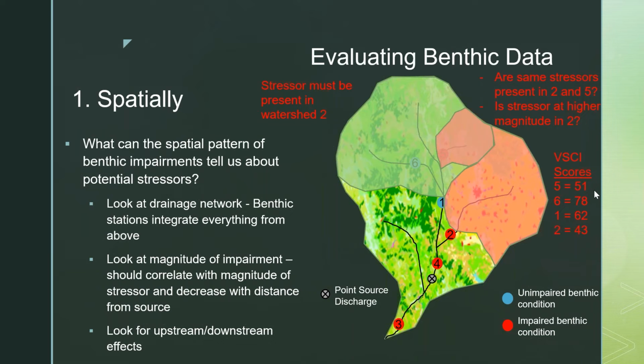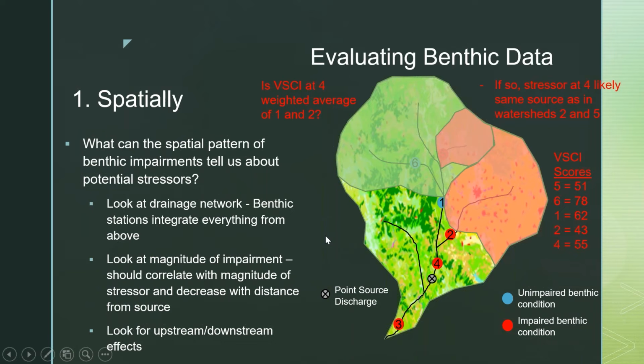Okay, so now we can look at parameter data. Let's say a potential stressor that we're looking at is pH, low pH. Do we see lower pHs at station 2 than we do at station 5? If so, that's a line of evidence to suggest that yes, pH is a stressor, because the conditions here at station 2 are indicating that we've got more severe stress conditions here.